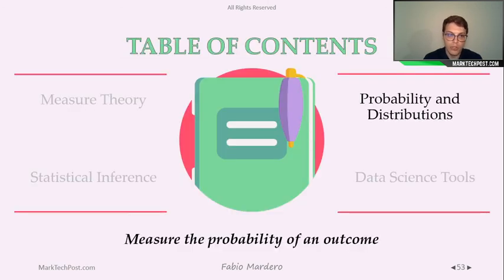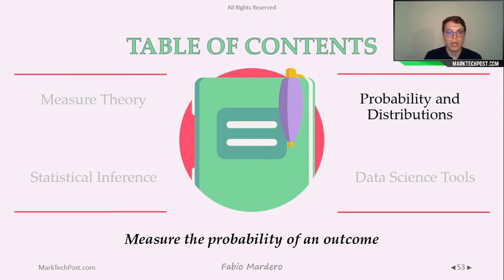So that's the conclusion of the measure theory. We've seen how the sigma algebra and the measurable space define a measure, and the measurable space plus the measure give us the measure space, a space where we can measure things.